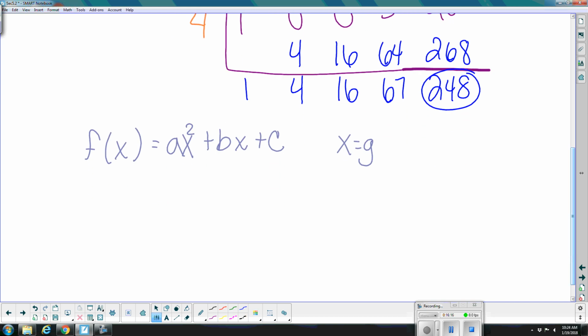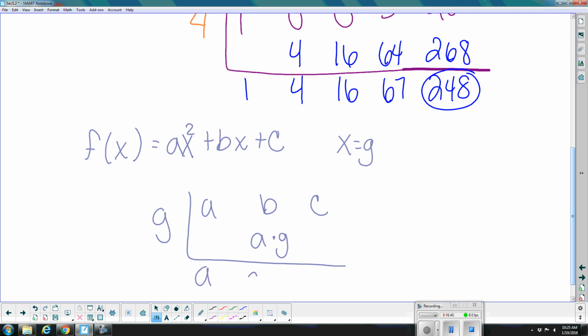So when you set this up and you list all your coefficients, you have a, b, and your constant c, and your x is equal to g. So bring down your a, g times a is a times g, and then you're going to add them together: a times g plus b.